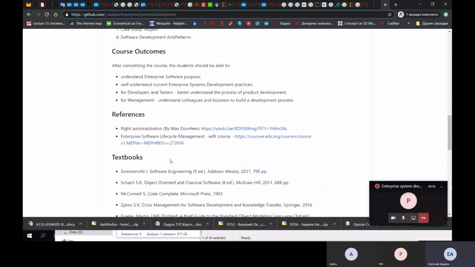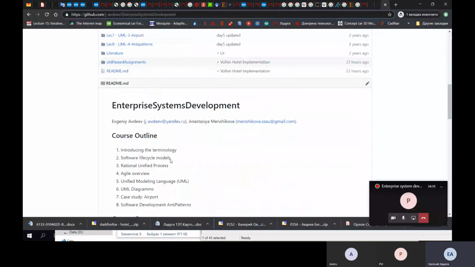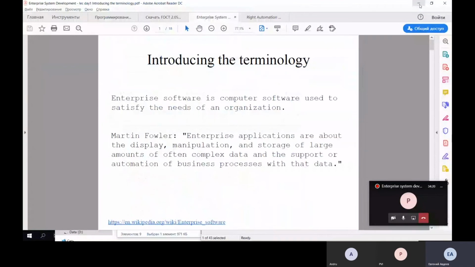So let's start. Today is the first lecture, and it is about some terms, some basic terms of enterprise system development. So first of all, what is an enterprise application?